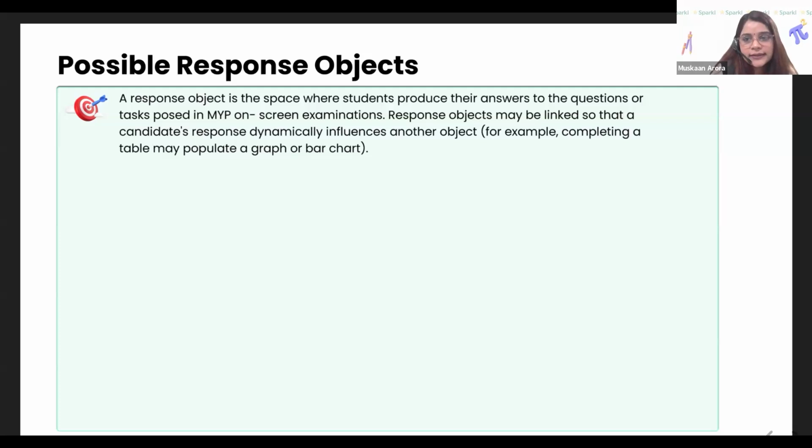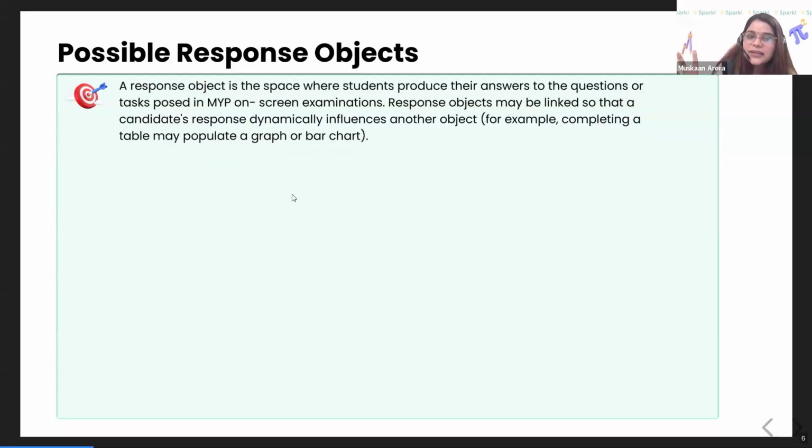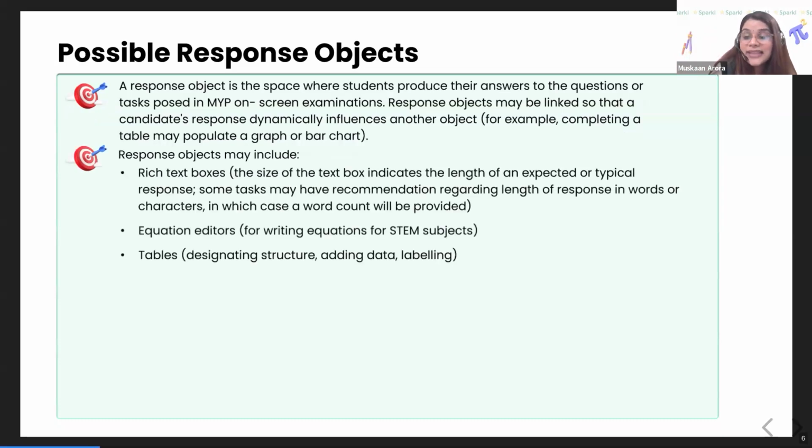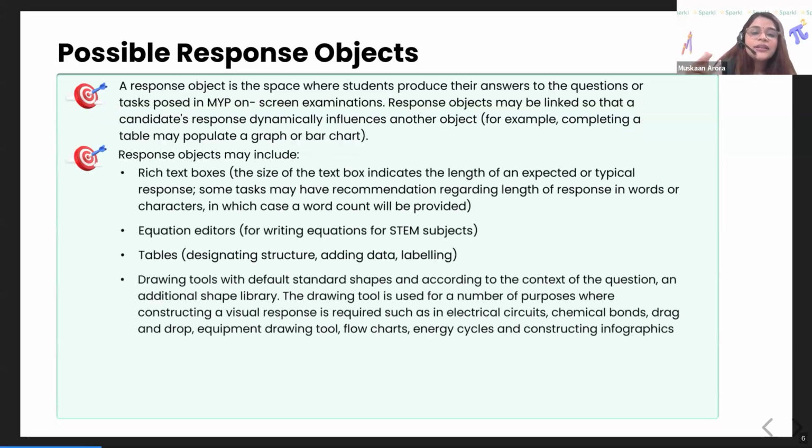Possible response objects. Okay, I'll just show something to you. So a response object is basically the space where you're supposed to produce your answers, right? We definitely have an equation editor and the area where you're going to type your answers, but we also have some dynamic elements other than that. For example, equation editors, tables, and these tables are not just simple data tables, I would say, because you can plug in your values and they will dynamically fill diagrams for you.